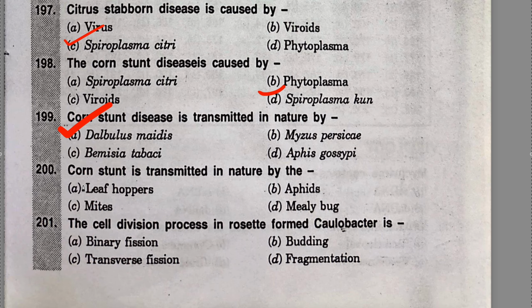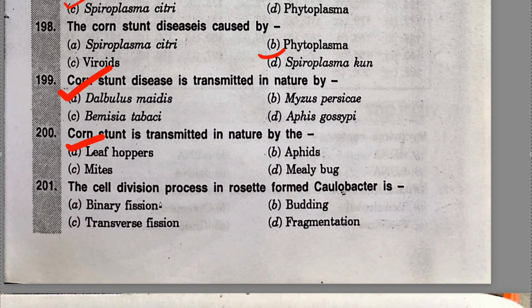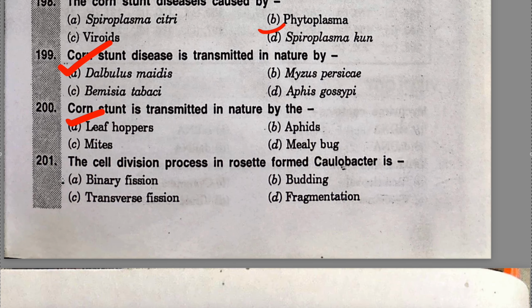Option A is the correct answer. Coming to 201. The cell division process in rosette forming Caulobacter is binary fission, budding, transverse fission, or fragmentation. Answer is option C, transverse fission.